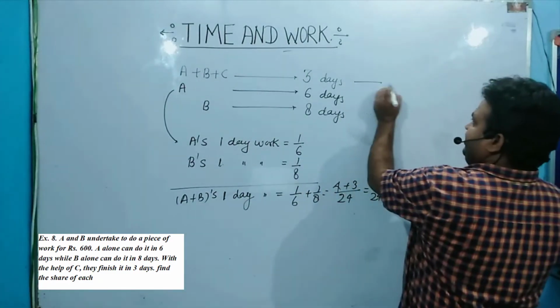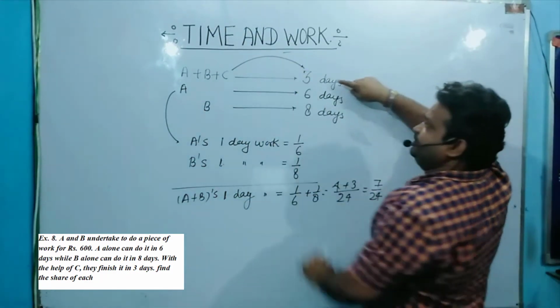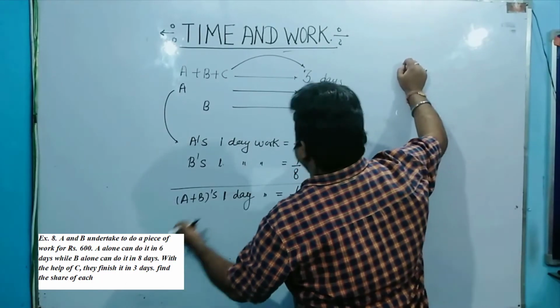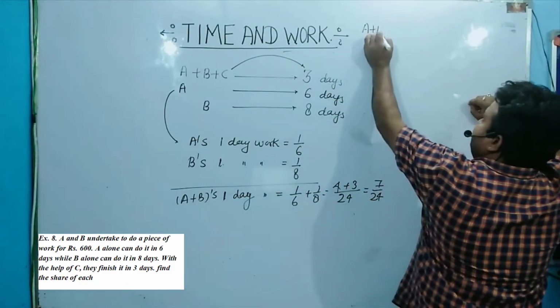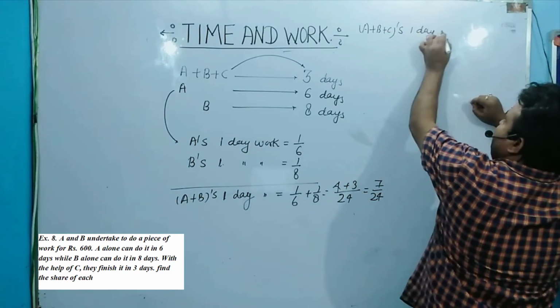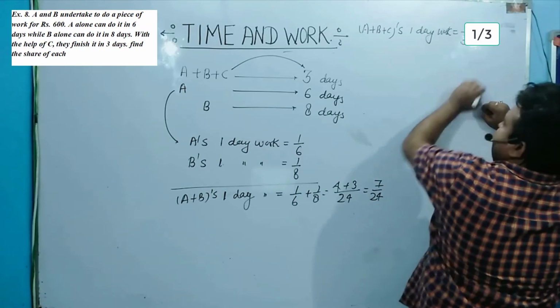Okay. If A plus B plus C complete the work in 3 days, what is A plus B plus C's 1 day work? It is 1 by 3.